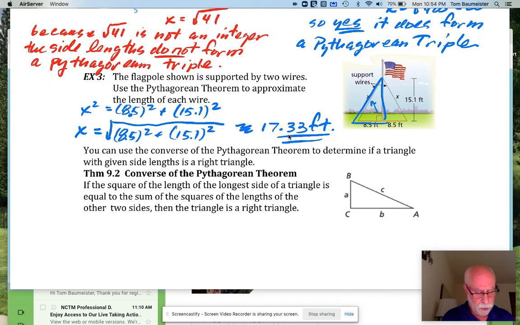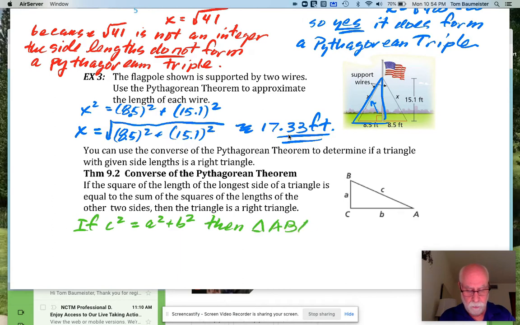So basically what that is saying here is if, in our drawing here, c squared, because that does look like the longest side, is equal to a squared plus b squared, then triangle ABC is a right triangle.